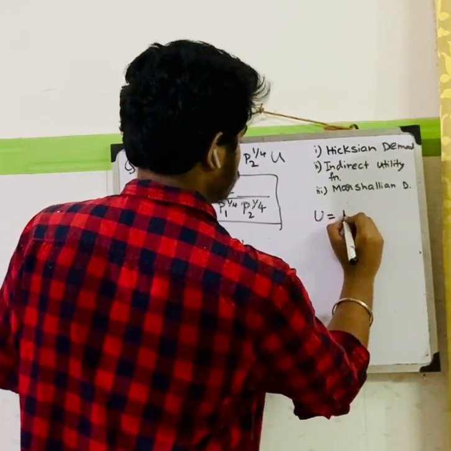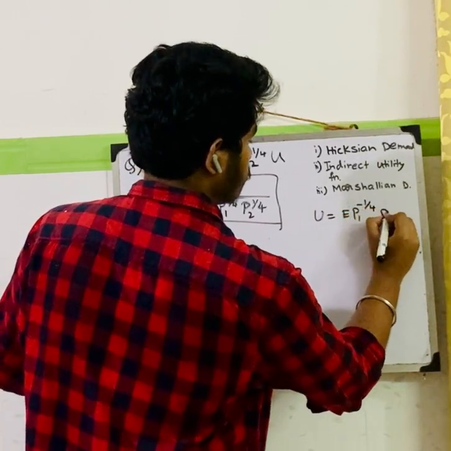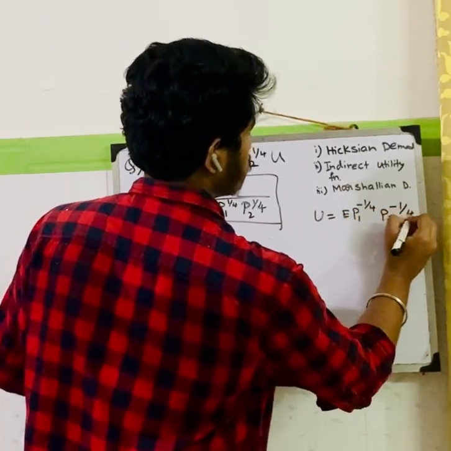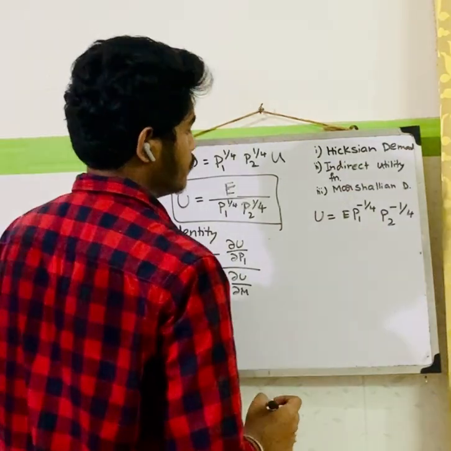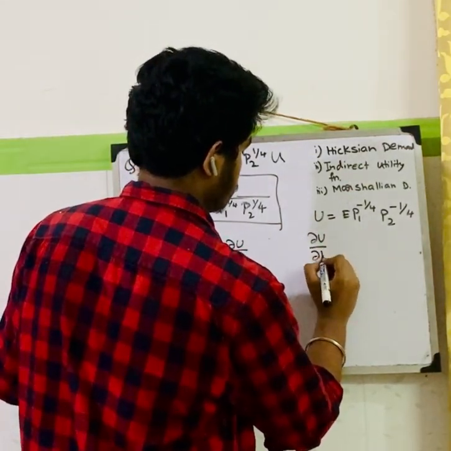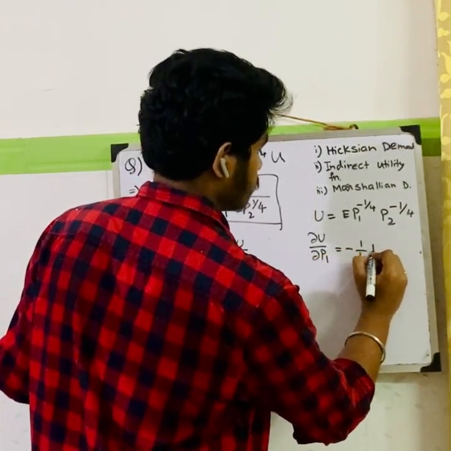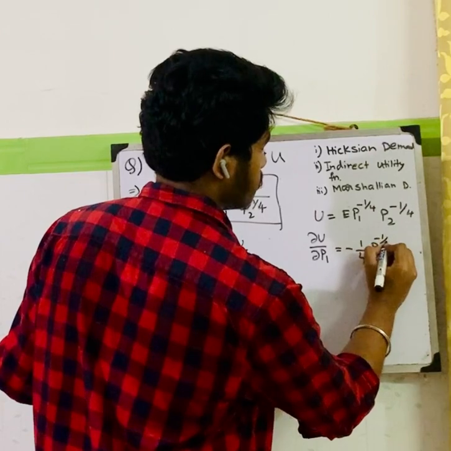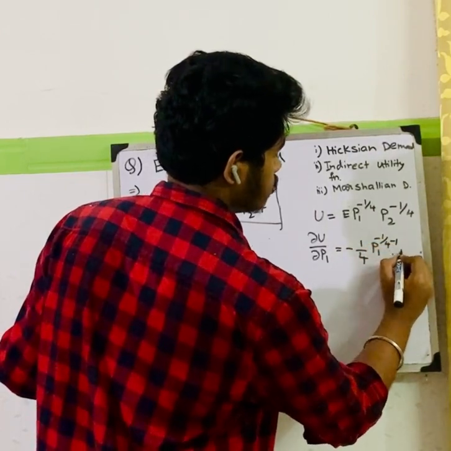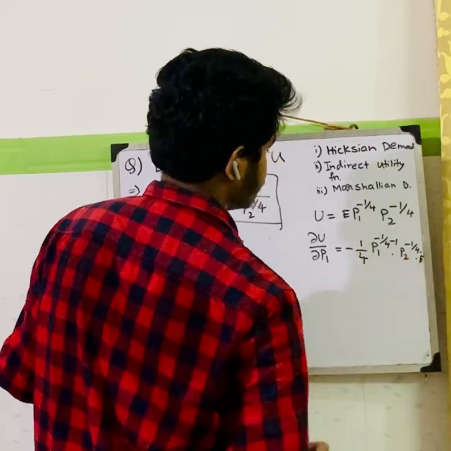So u equal to E P1 to the power minus 1 by 4 P2 to the power minus 1 by 4. This is our indirect utility function. So by del P1 it will come to minus 1 by 4 P1 to the power minus 1 by 4 minus 1 into P2 to the power minus 1 by 4 into E.